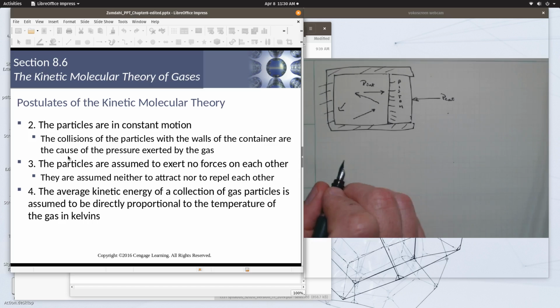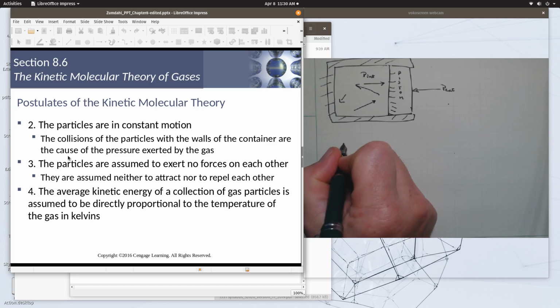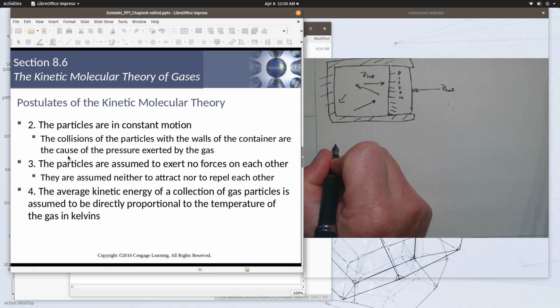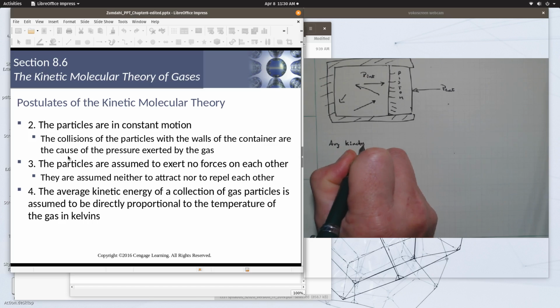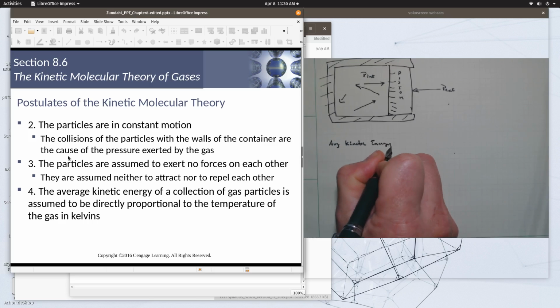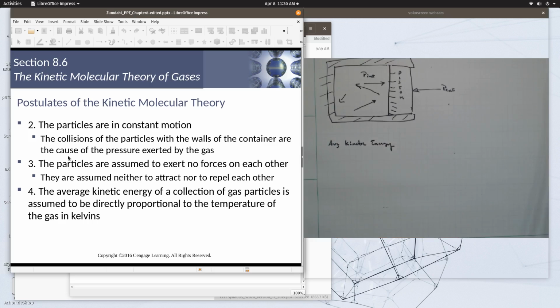And then the third postulate is about the average kinetic energy. This I'll talk about in a moment.